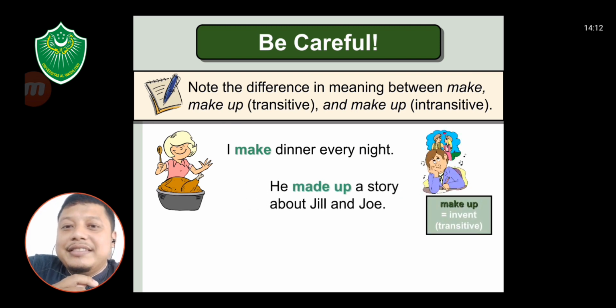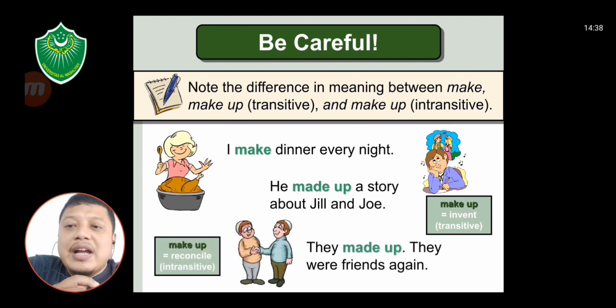This is what I explained before, that made up means to create something, to invent something, and it's a transitive verb. I made up a story, he made up a story, they made up a story. In this example we can see he made up a story about Jill and Joe.